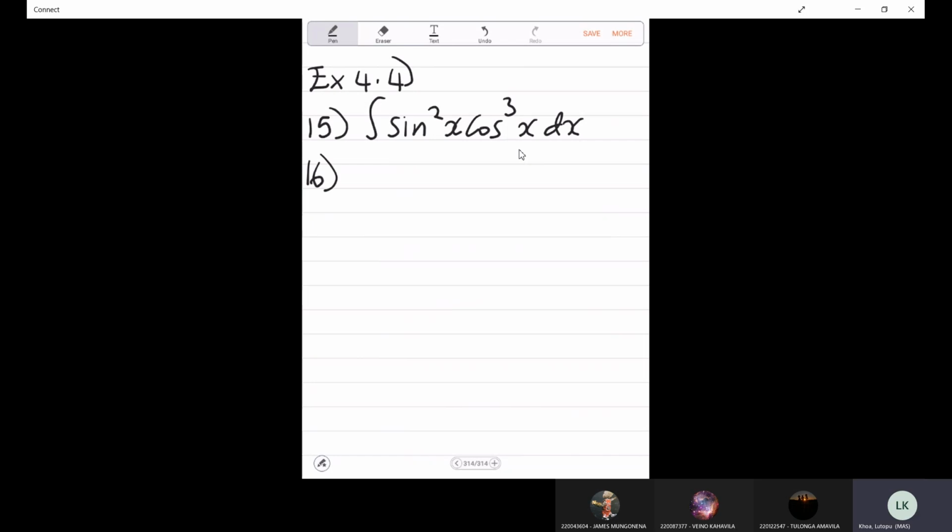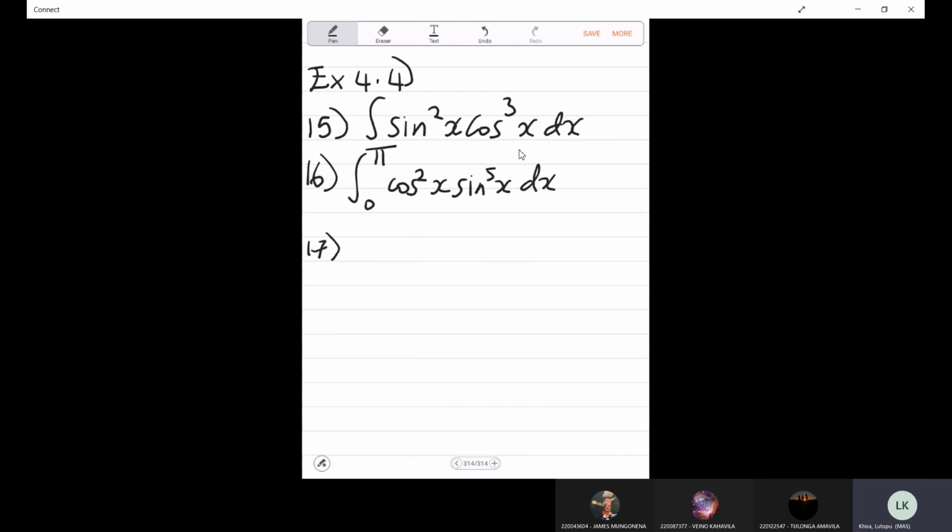This one is a definite integral, so we should remember what that means. Here we are integrating from 0 to pi, and we have cos squared of x sine to the power of 5 of x dx.